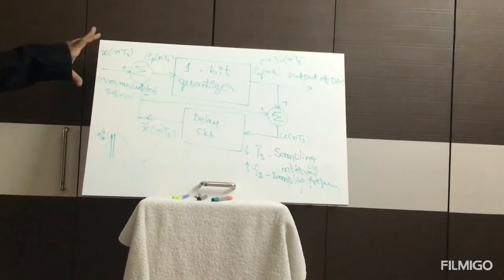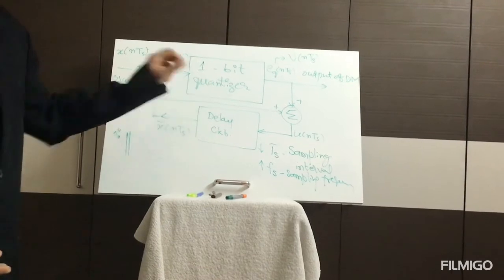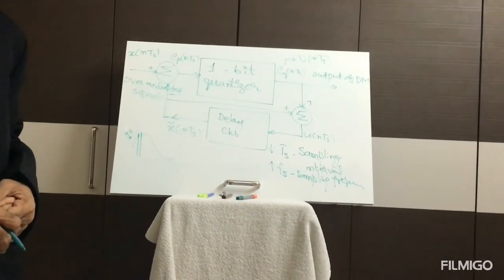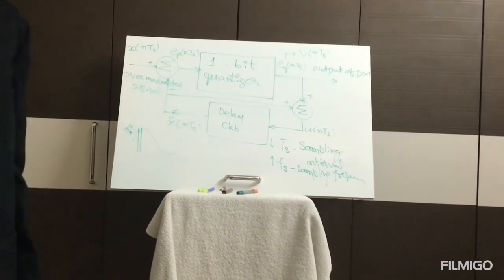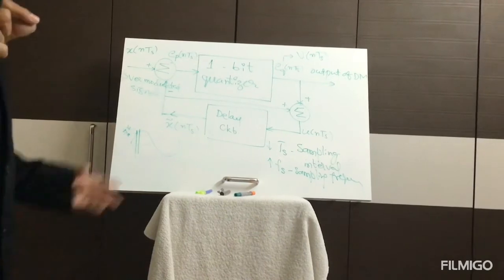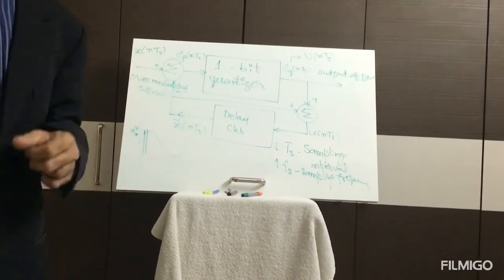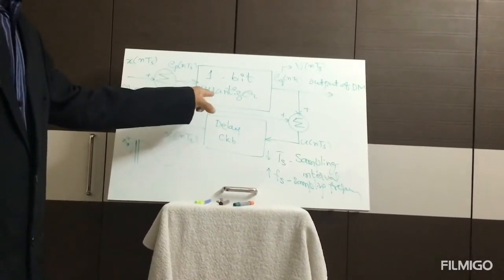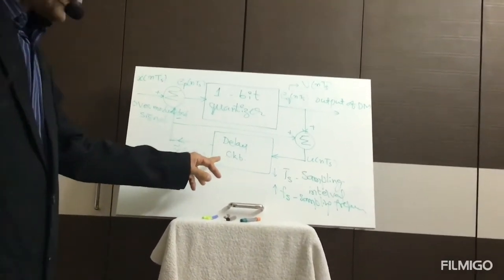So understand here, there are basically two important blocks here. One is the 1-bit quantizer, as we use a 1-bit quantizer in the case of delta modulation, because the relative amplitude will be transmitted after encoding, not the absolute value of the sample, in either DPCM or in delta modulation. Hence a 1-bit quantizer is employed here. What is the other block? That is the delay circuit.